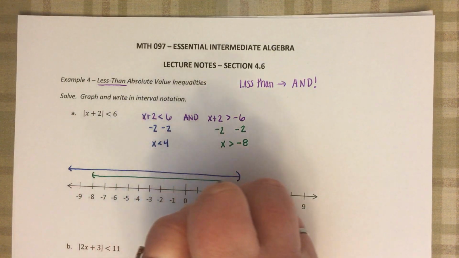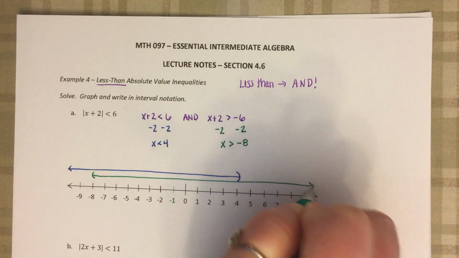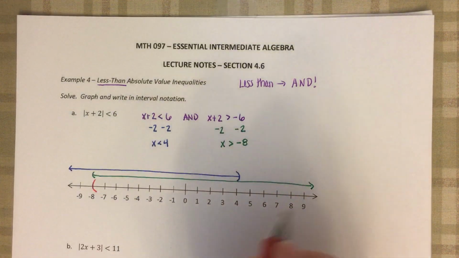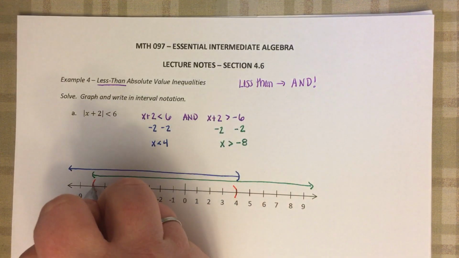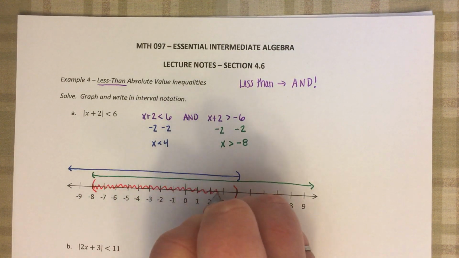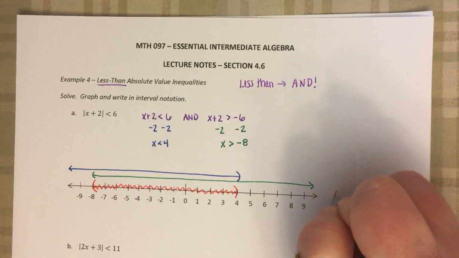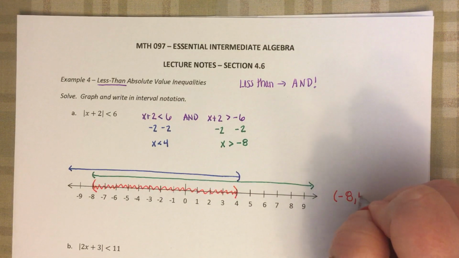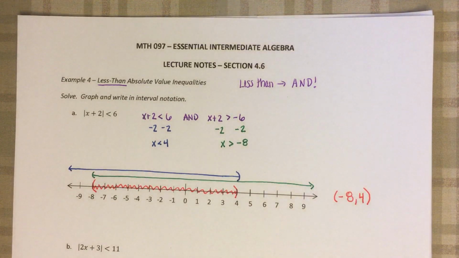So we start at negative 8 and we go to the right. And means where they overlap. So they overlap from this negative 8 to this positive 4. So our interval is from negative 8 to positive 4.